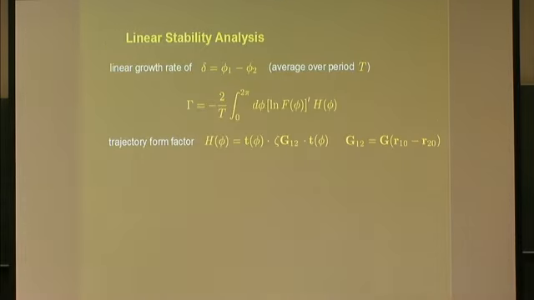First, we look at the condition when the two rotors are synchronized. For that purpose, we assume that the phase difference delta is small and make a linear stability analysis. The linear growth rate of delta is given in this form. Here F is the force function and H is the form factor of the trajectory defined by this equation.